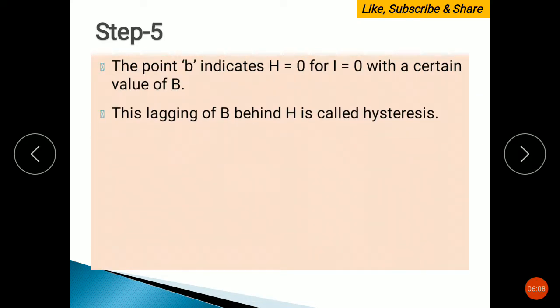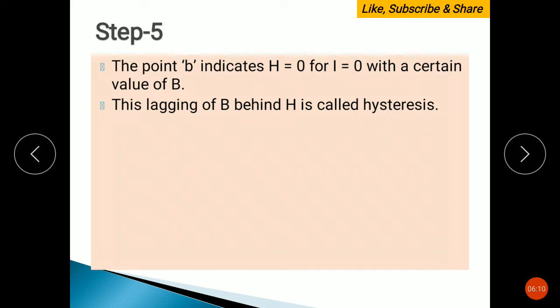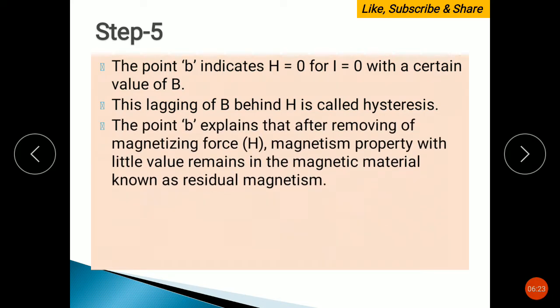Because even though the external magnetic field is 0, the material still has a certain magnetic field, and that magnetic field we call the residual magnetic field. At point B, after removing the magnetizing force, a small amount of magnetism remains present in the magnetic material, known as residual magnetism, remaining magnetism.